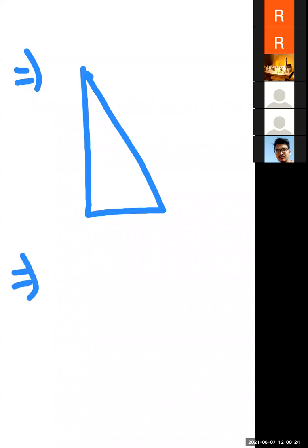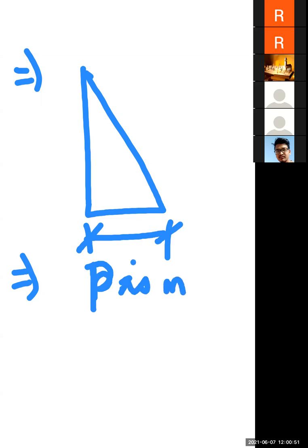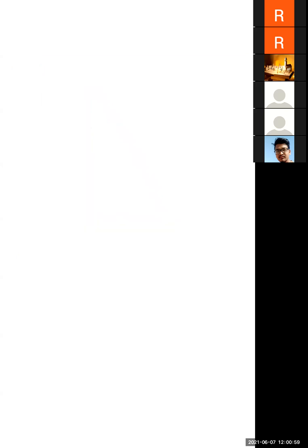Right? Again, I told you earlier, hydraulic pressure increases with the depth. That's why at the base we will find pressure P is maximum. Right?